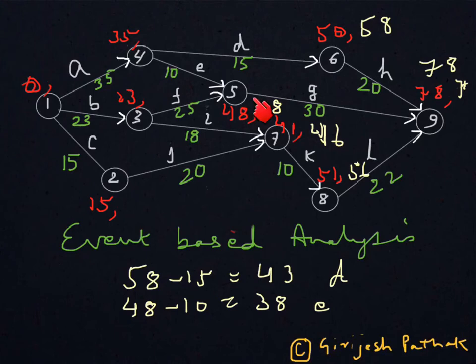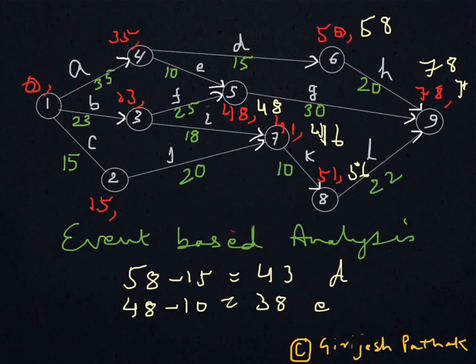So here you are going beyond latest time, and that will have impact here because after 53 days only G will be starting, so 53 plus 30, it becomes 83, and your project will be getting delayed. It won't be getting over in 78 days time. So obviously 43 is not the right choice.